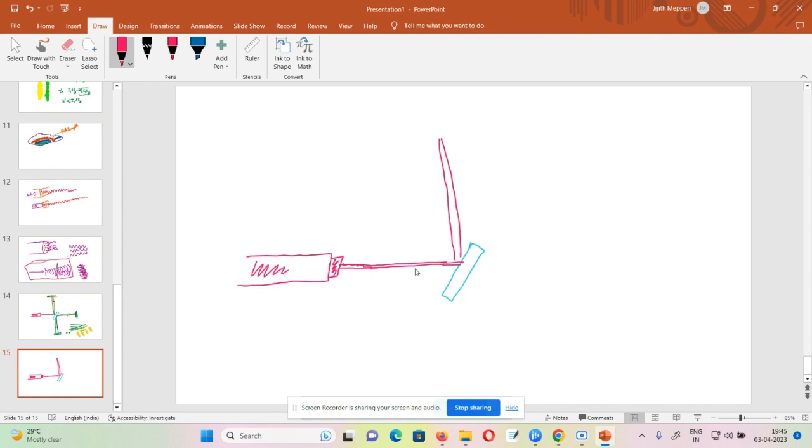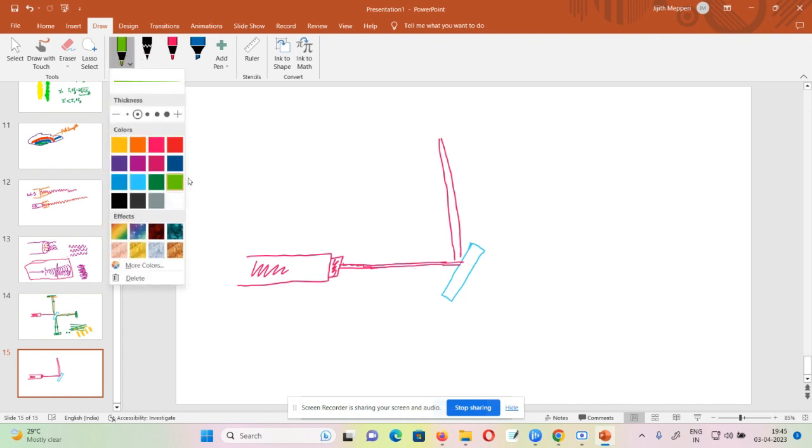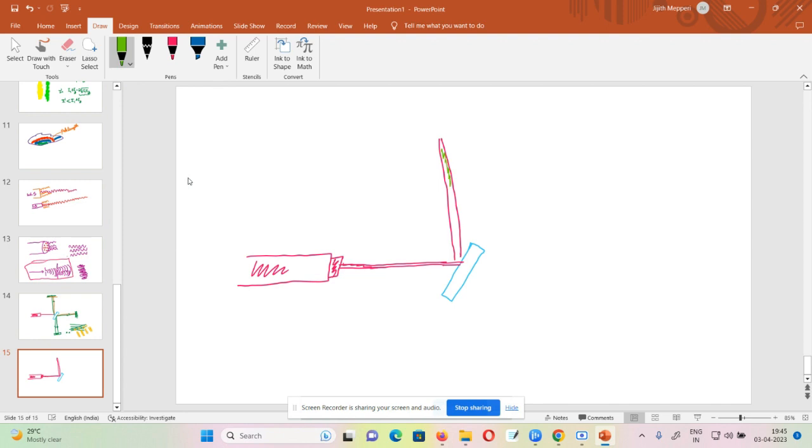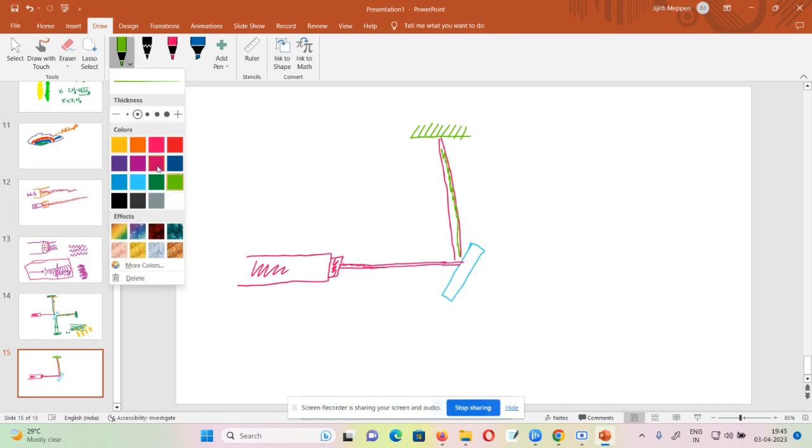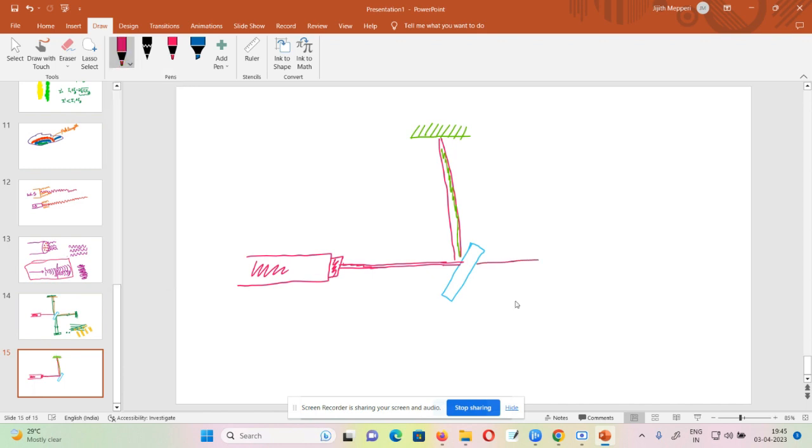Now think that this is not a polarizing beam splitter. One portion of the light will reflect and reach a mirror. Another portion of the light will transmit, and we will keep one mirror here also.